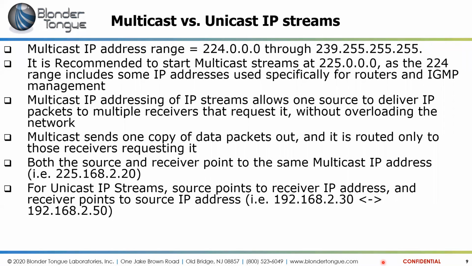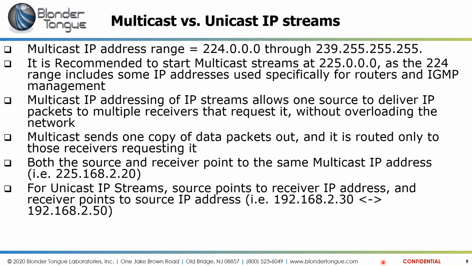The easiest way to do that is with multicast, because it allows this one source to send it out to multiple receivers, but we're not sending out multiple copies of the packet. We're just routing it through our switches and routers, only to those people who request it. So we don't flood our network with a whole bunch of this IP video stream.